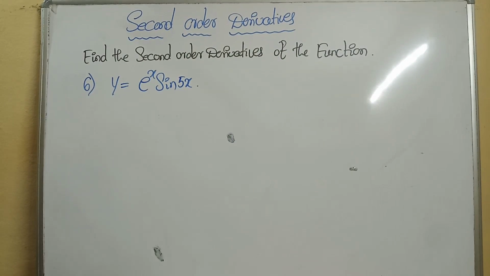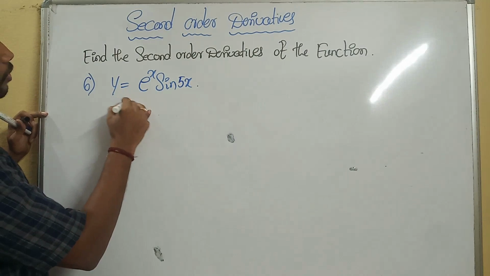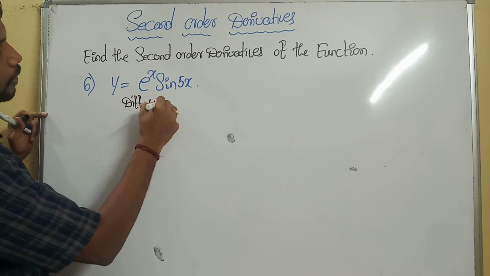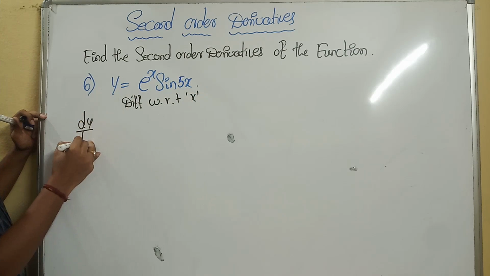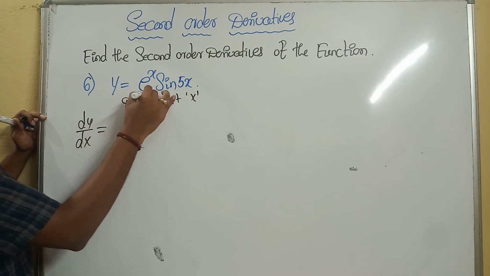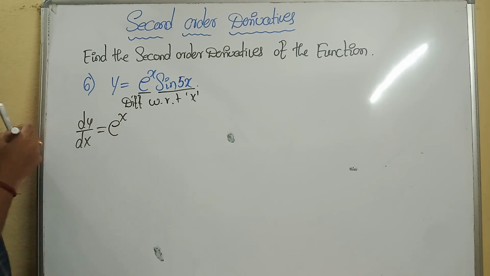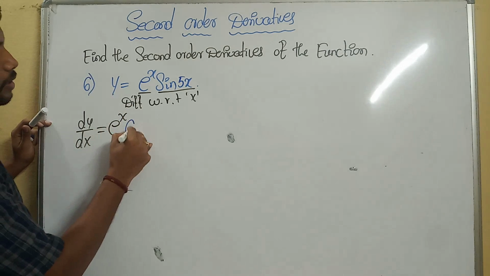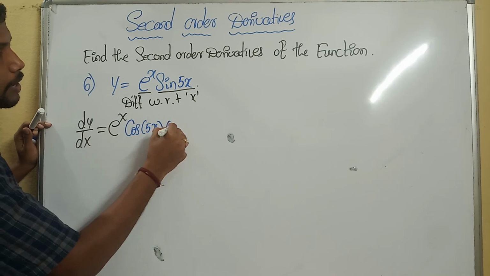Focus on the board. It is y is equal to e raised to x sin 5x. Differentiating the given function with respect to x, y derivative will be dy by dx. I'd like to apply u into v here. e raised to x as it is, what's the derivative of sin 5x? It will be cos of 5x, and the 5x derivative will be 5.